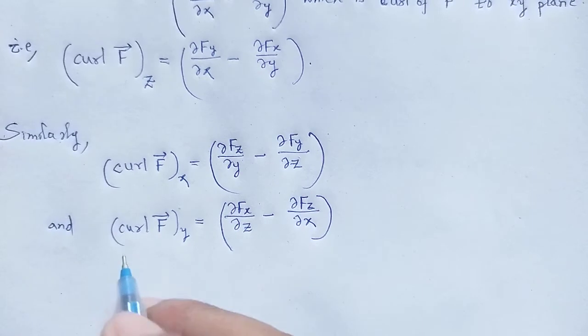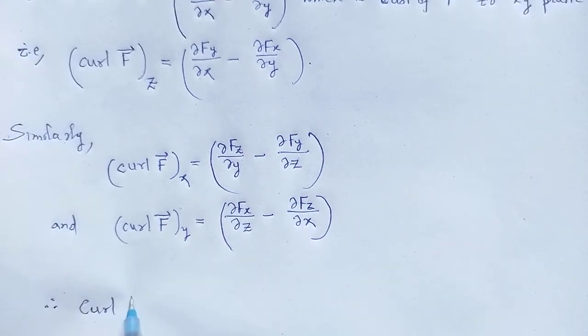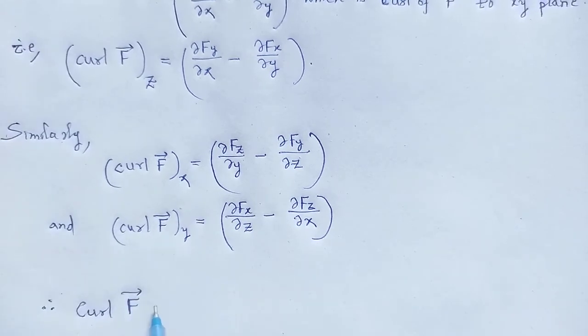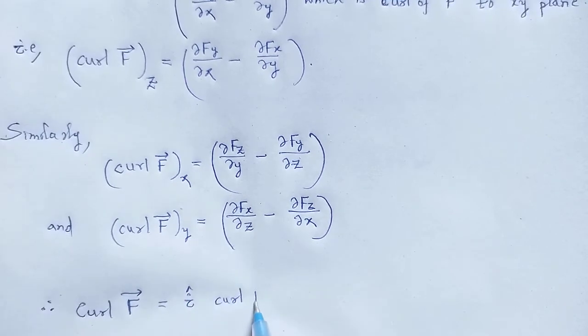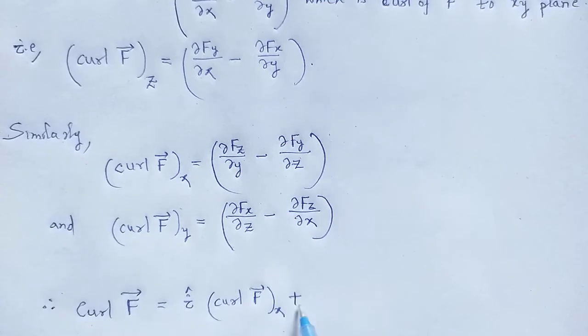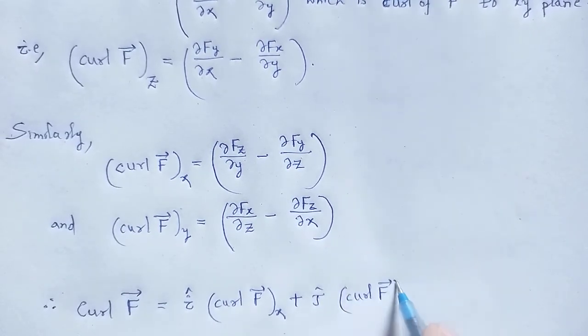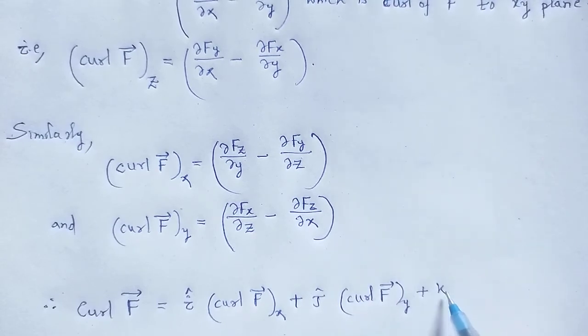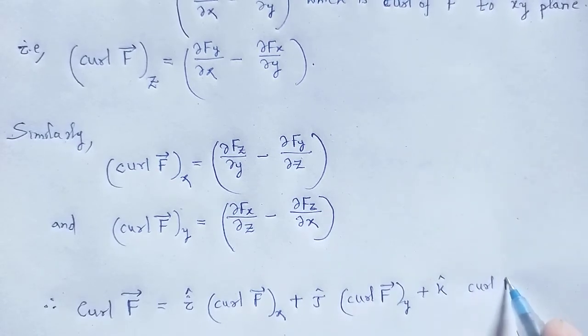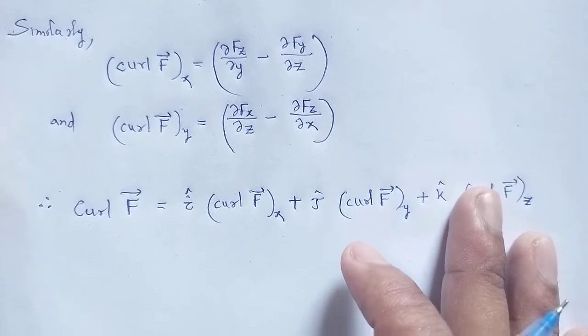Now we have, therefore we can write curl f, that is i cap curl f x plus j cap curl f y plus k cap curl f z. Now put these values.